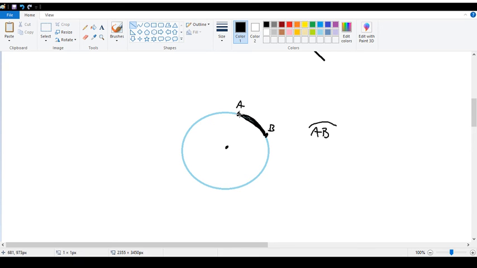And we know that whatever this center angle is, let's call this angle ACB, let's say it's 60 degrees, this arc will be the same. It will be 60 degrees. So this is arc AB, and arc AB has a measurement of 60 degrees.